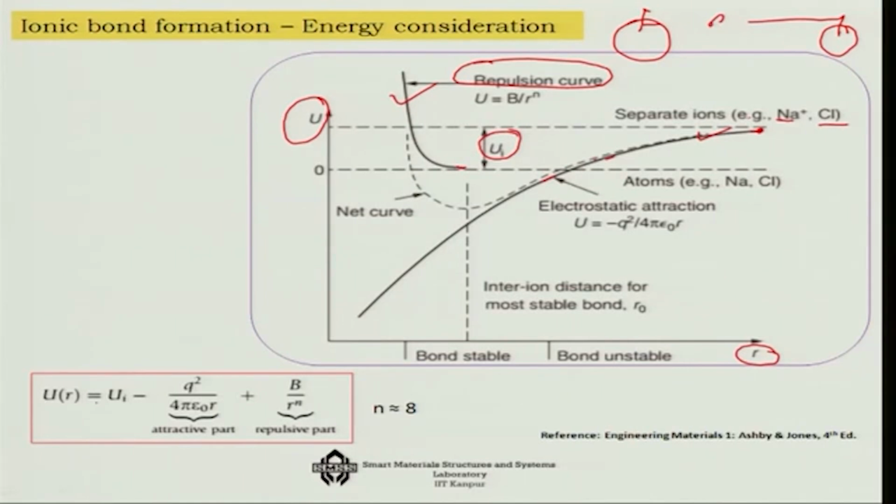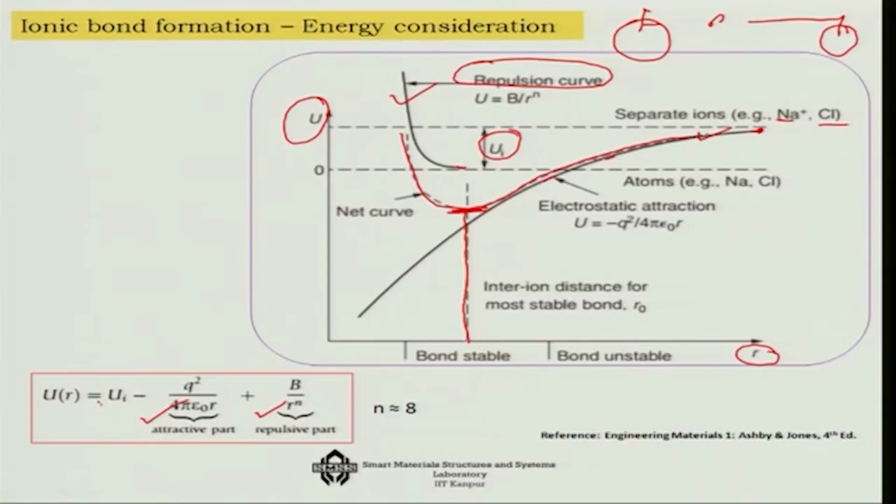we have UI, the attraction part and the repulsion part, and we get a net energy curve that has a minimum, you can see it. Because of these two counteracting forces, that minimum point is where the bond becomes stable.